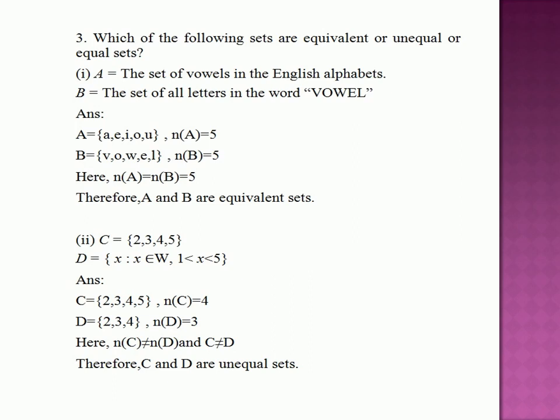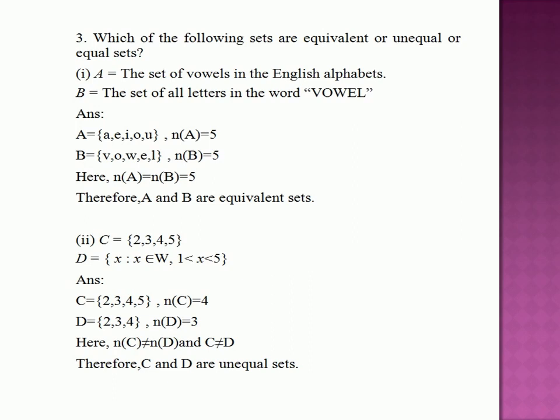Okay. Second subdivision, C equal to 2, 3, 4, 5. D equal to x such that x belongs to W, 1 less than x less than 5. Here x belongs to the set of all whole numbers and it varies from 1 to 5. Here 1 is less than x less than 5, so 1 will not be included. The set C is 2, 3, 4 and 5.